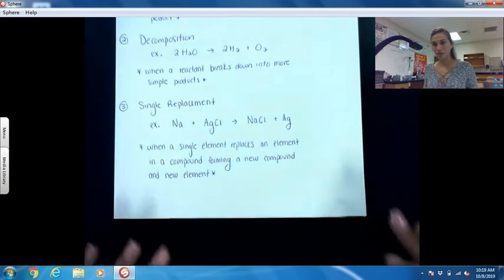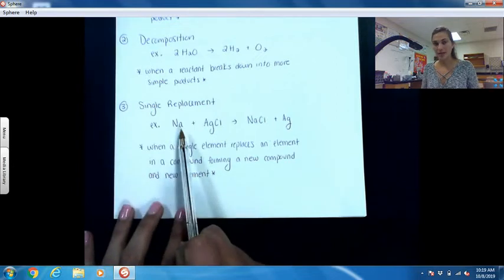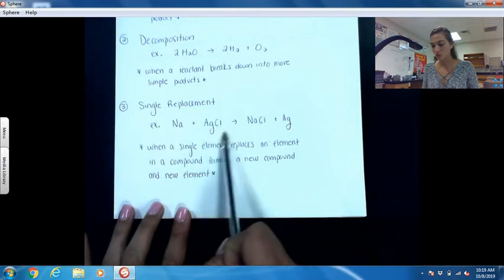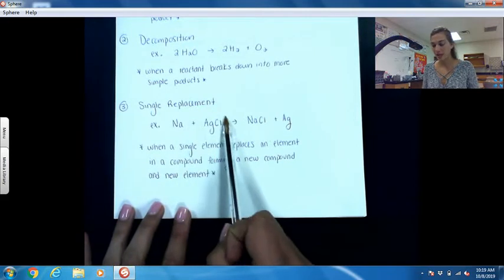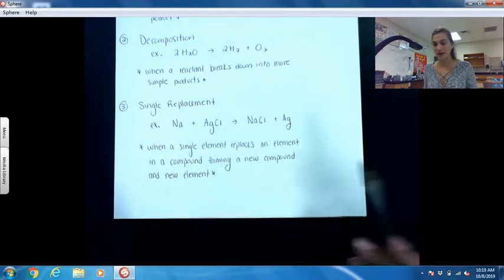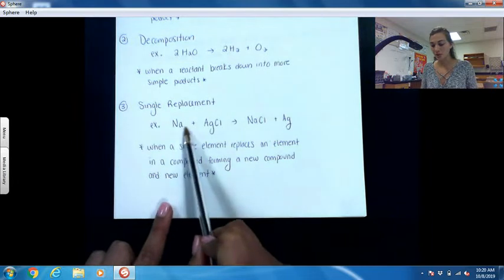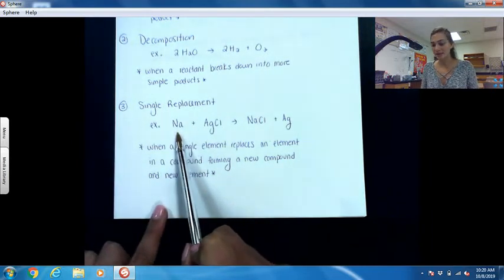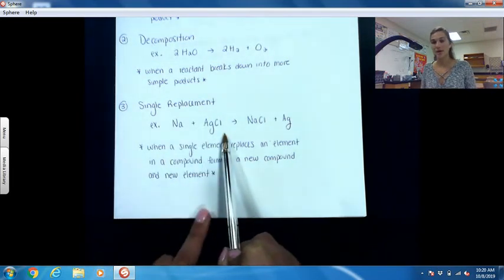So for a single replacement reaction, we're going to notice that our reactants have one element and one compound. Remember, an element is just a single type of atom, and a compound is multiple types of atoms put together. So what happens in a single replacement reaction, the element that is by itself will kick out one of the ions in the compound.